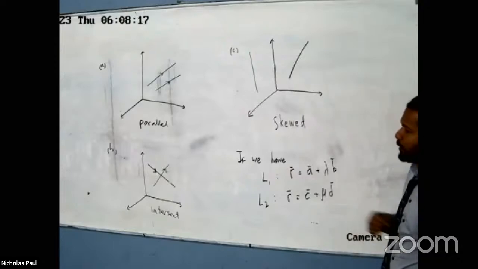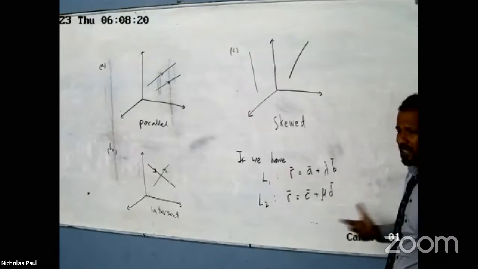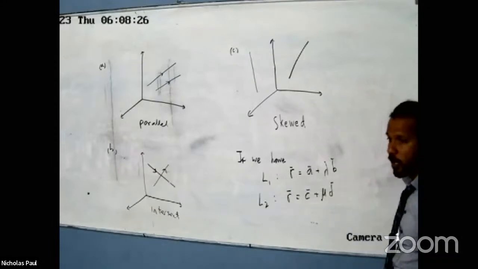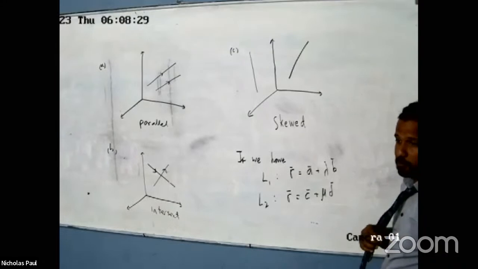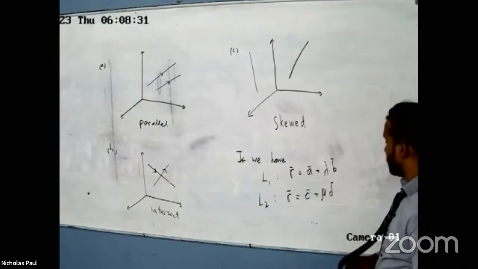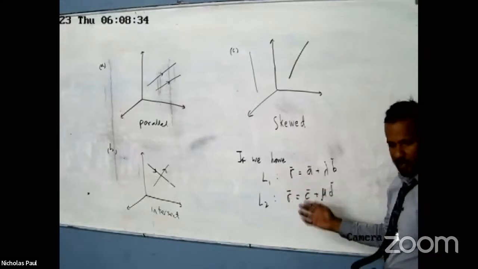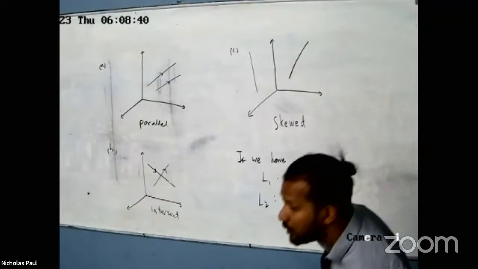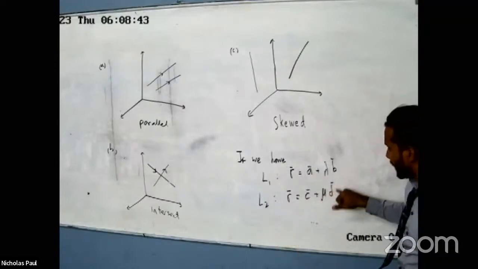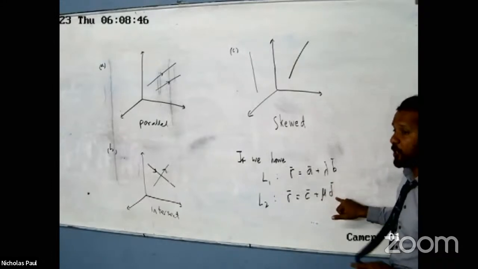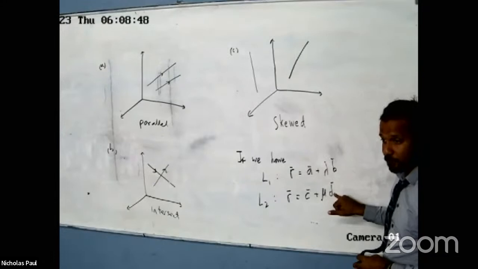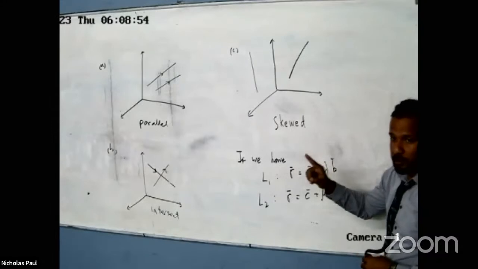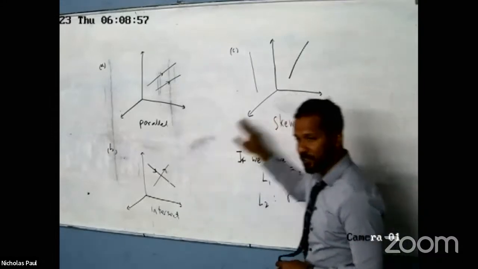So how do we know if two vectors are parallel? Any ideas? Suppose I gave you these two vectors and told you to check and see if they're parallel. What could you do? See if these vectors are multiples of each other. So you're checking the direction vectors, b and d, and if they are multiples of each other, then they're parallel. So if they're parallel, they will not intersect and they are not skewed.